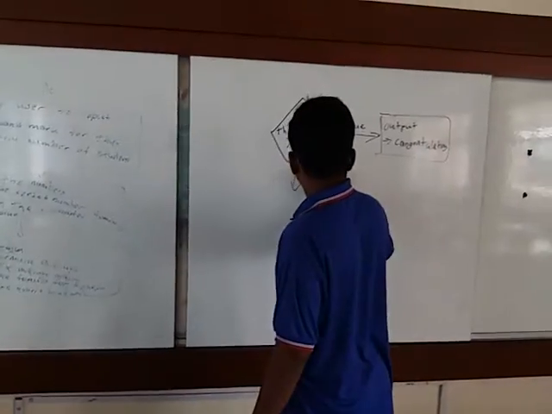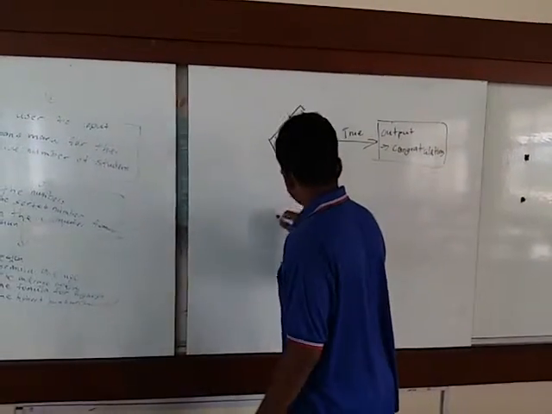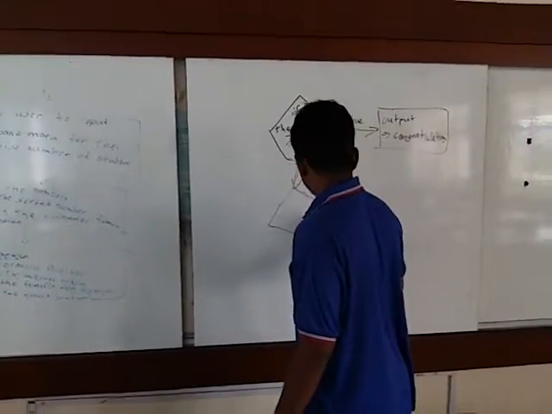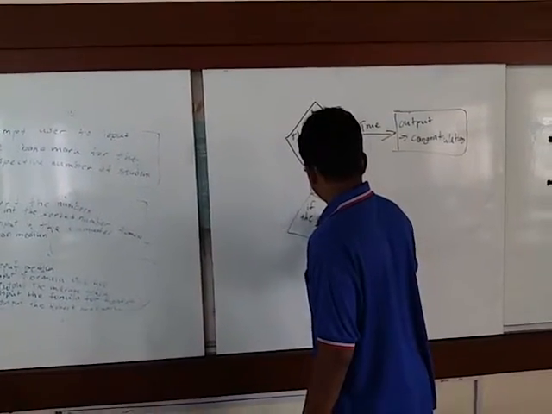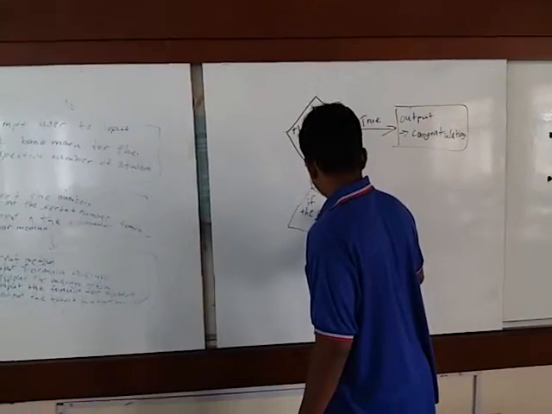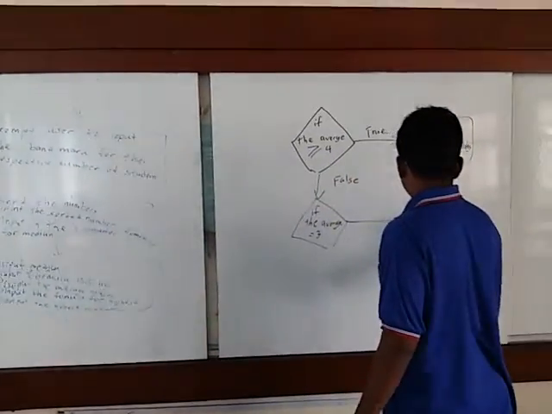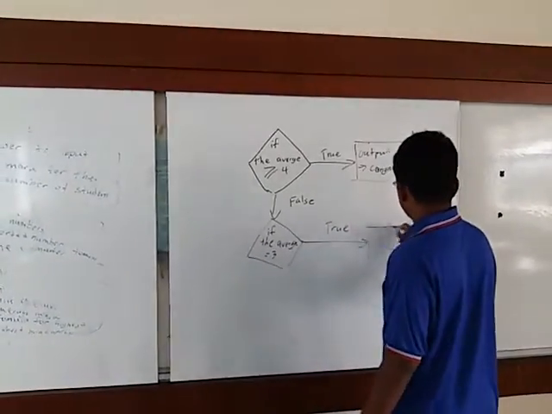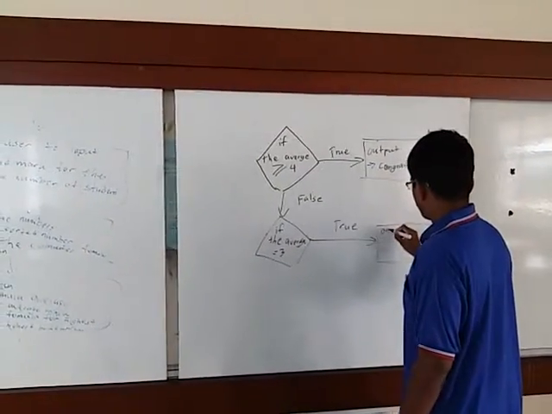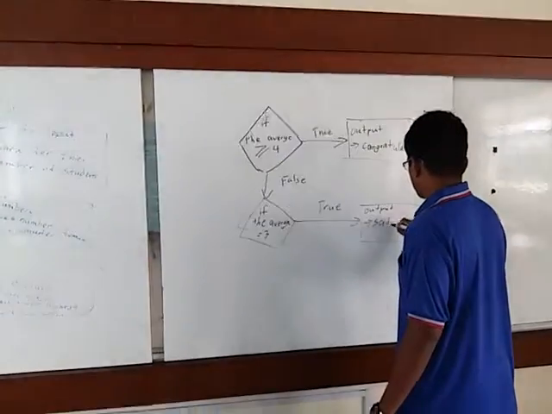If it is false, that means it's less than 4, it is equals to 3, we print out satisfactory.